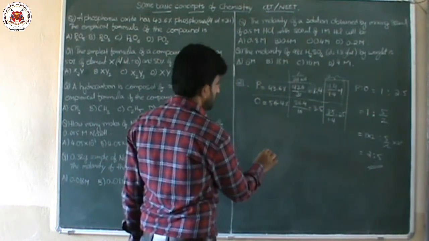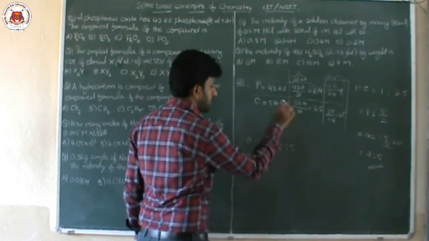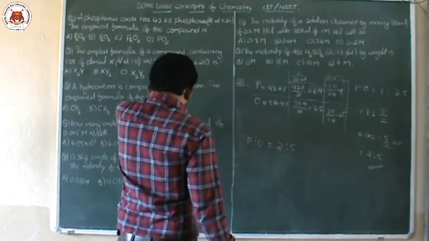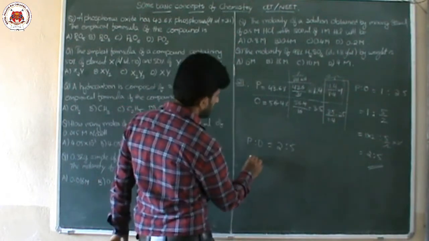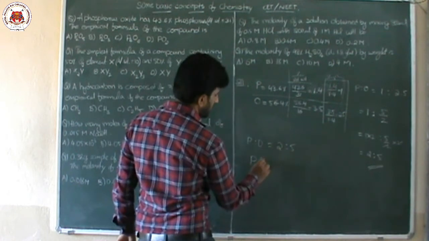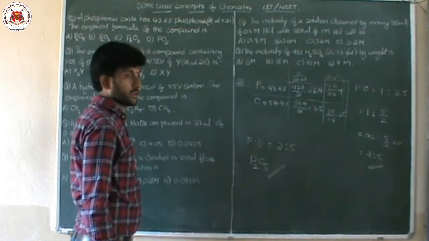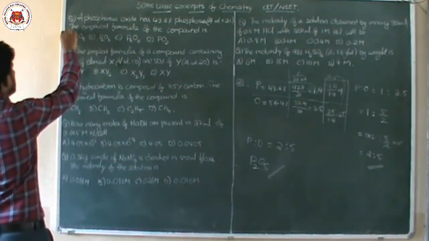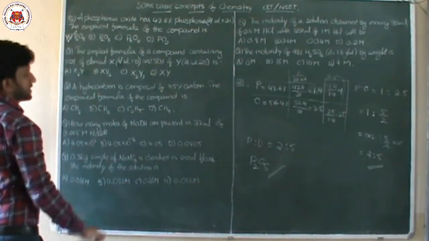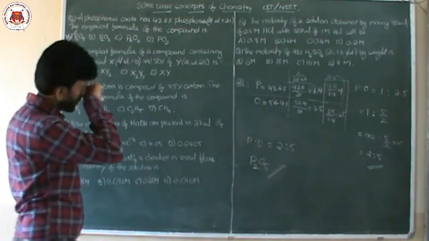That means phosphorus to oxygen atoms in the simple whole number ratio is 2:5. Phosphorus has 2 atoms and oxygen has 5 atoms. That means the given compound is P2O5. Option 1, phosphorus pentoxide.